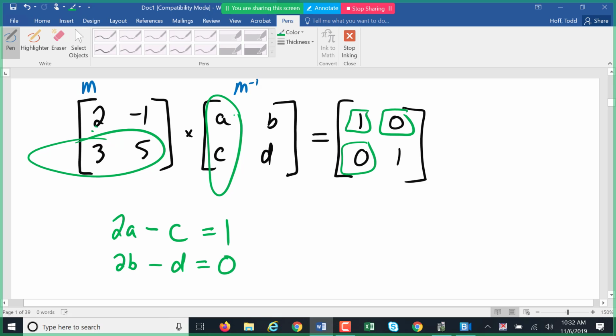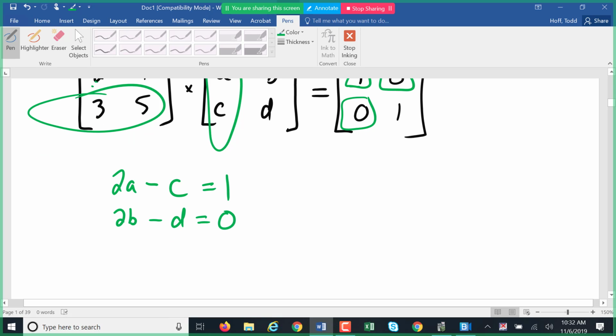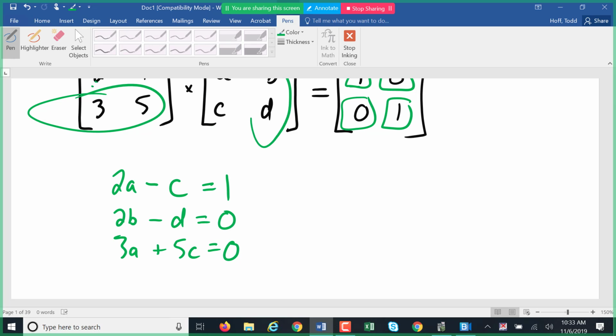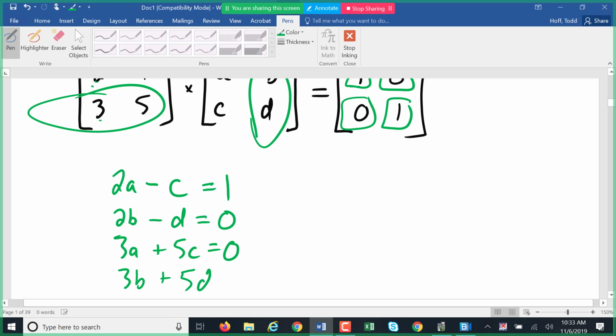So 3 times A plus 5 times C has to add up to 0. And then our final element here, row 2, column 2. It's still row 2 of the first matrix, now column 2 of the second. We have 3 times B plus 5 times D has to equal 1.